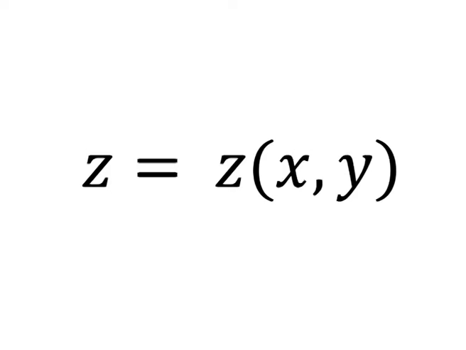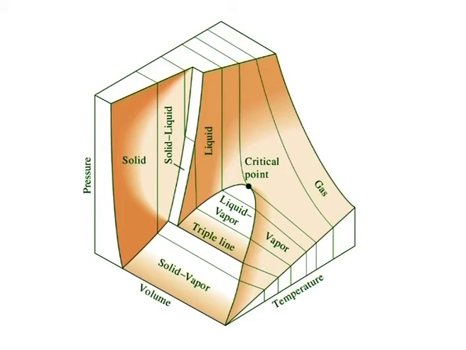Once the two appropriate properties are fixed, all the other properties become dependent properties. Remembering that any equation with two independent variables in the form z equals f(x, y) represents a surface in space, we can represent the PVT behavior of a substance as a surface in space.